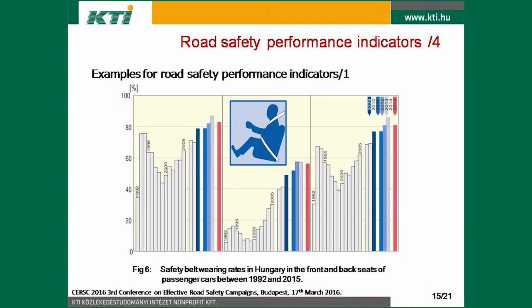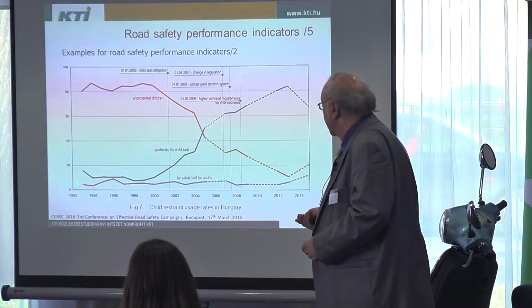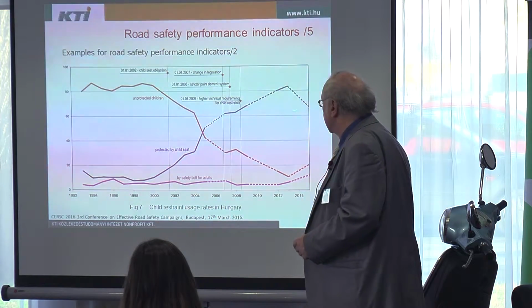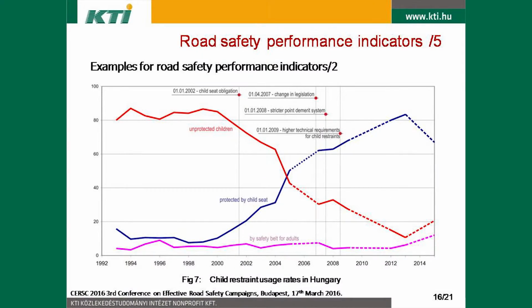And another performance indicator is the usage rate of child safety seats. And here you can see the development of the percentage of children protected by a child safety seat, and the inverse curve is the percentage of children unprotected.